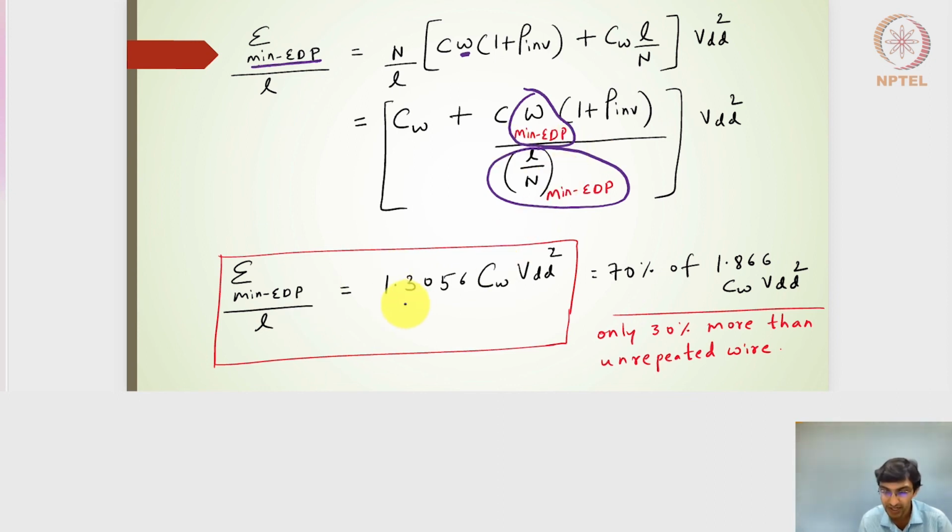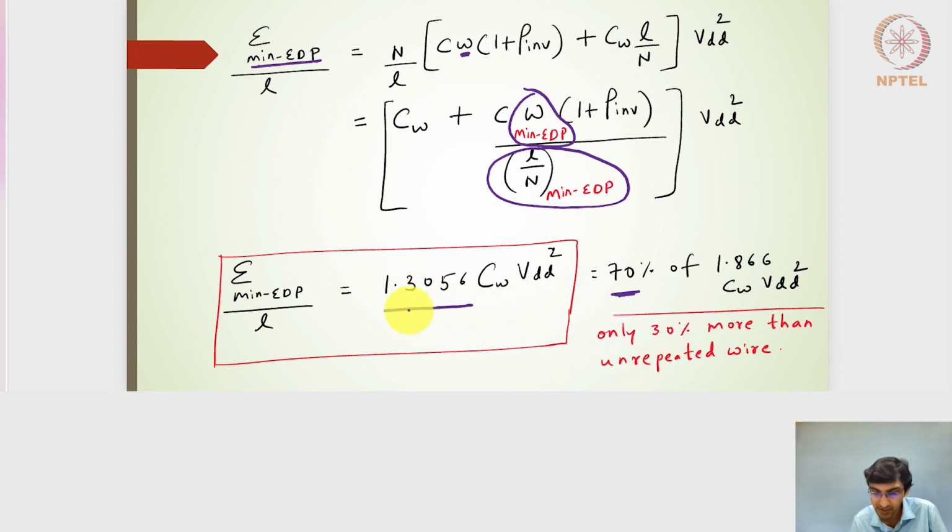If I do that, I'll get 1.3056 CW VDD square, which is significantly less than 1.866 CW VDD square. It turns out to be 70% of 1.866. So that is a 30% reduction in the energy, with a 14% increase in the TPD. Overall, the product of energy and delay turns out to be less.